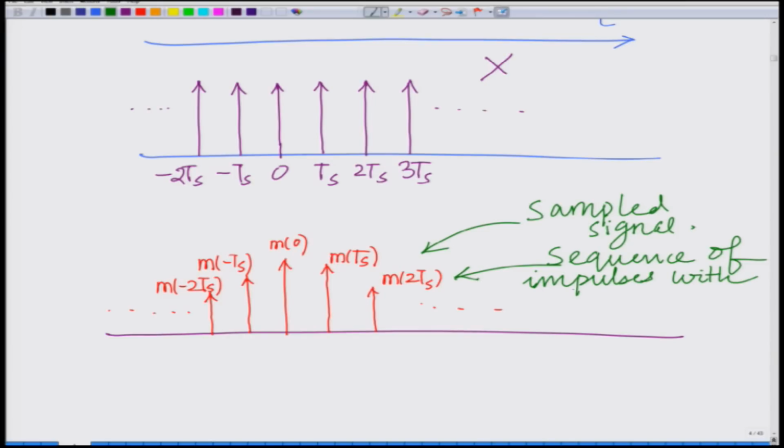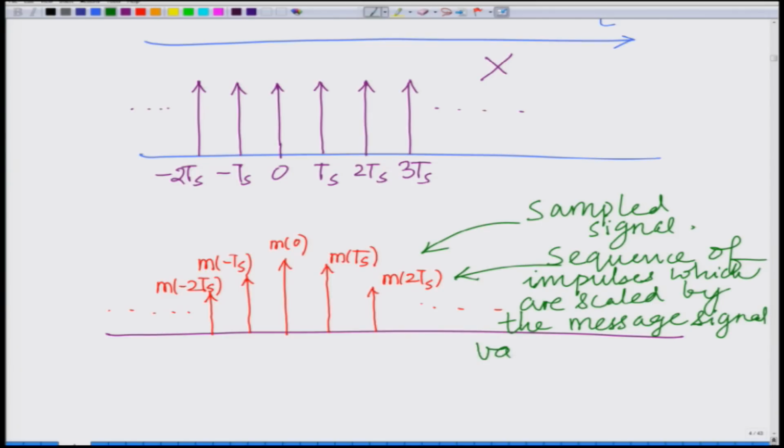The amplitude of each impulse in the sequence is scaled proportional to the value of the message signal at the sampling instant, at each sampling instant, which are scaled by the message signal value at each sampling instant.